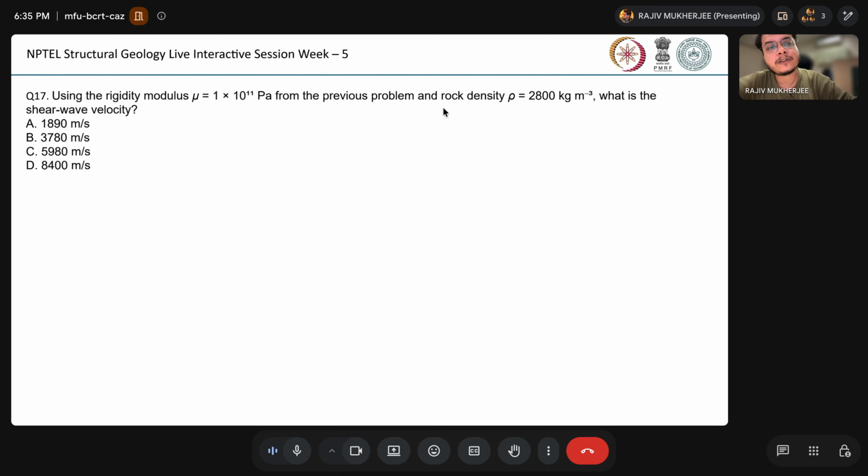What will be the shear wave velocity if an earthquake does occur for that rock? The options are 1890 meter per second, 3780 meter per second, 5980 meter per second, or 8400 meter per second.